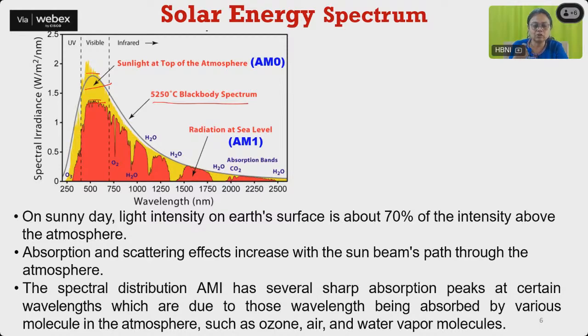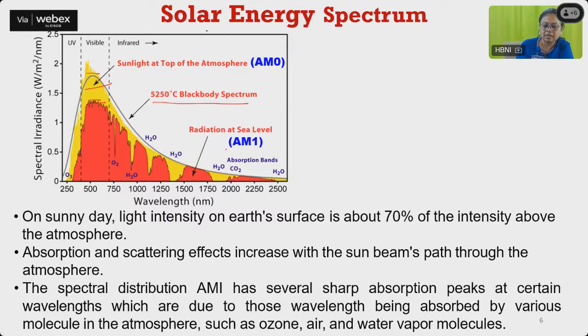At higher wavelengths, because of scattering, the intensity of the sunlight keeps on decreasing. Absorption and scattering effects increase the sunbeam path through the atmosphere. As we all know, during sunset or sunrise the sun rays have to travel a longer distance, so more and more scattering occurs. And the spectral distribution, or the air mass 1.